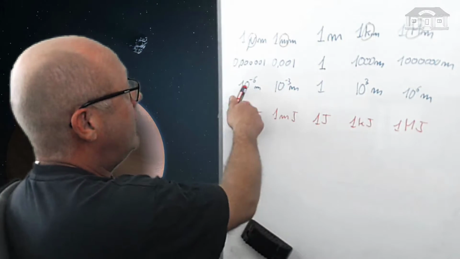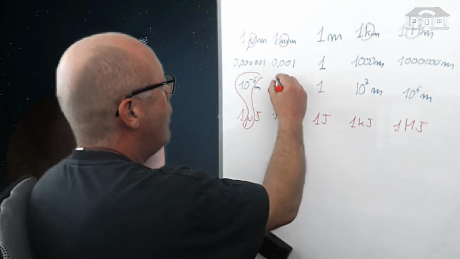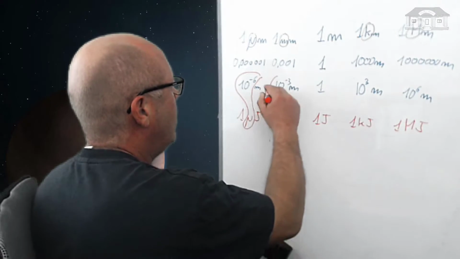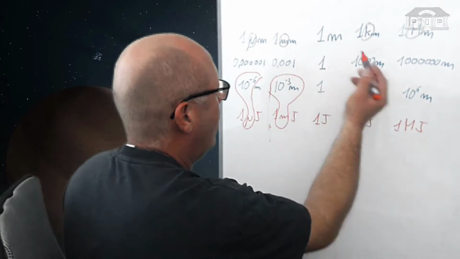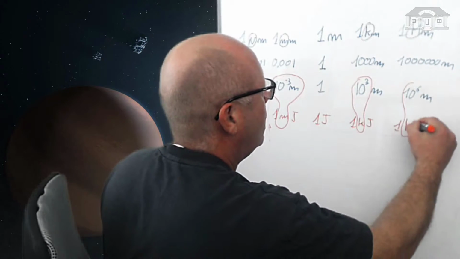And it's going to be the same, 10 to the minus 6, 10 to the minus 3. So 10 to the minus 6 means micro, 10 to the minus 3 means milli. Well, 1 is 1. 10 to the 3 means kilo. 10 to the 6 means mega.